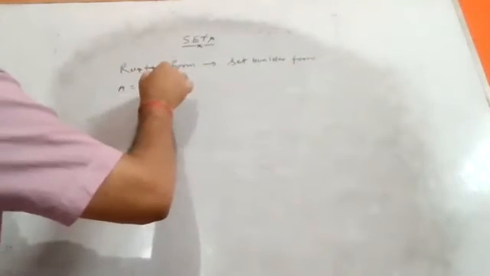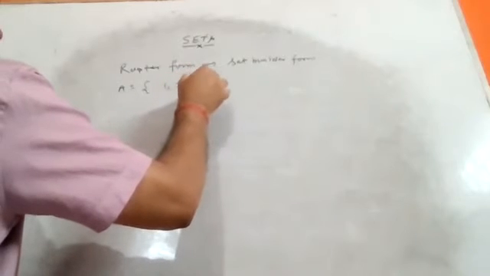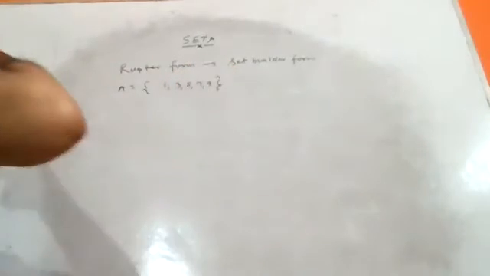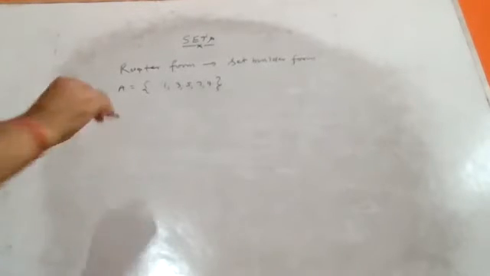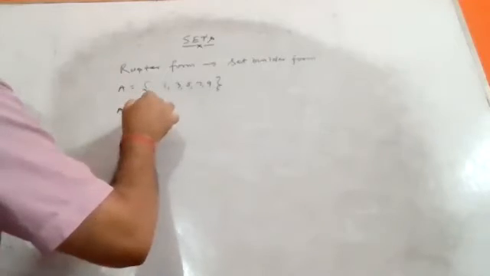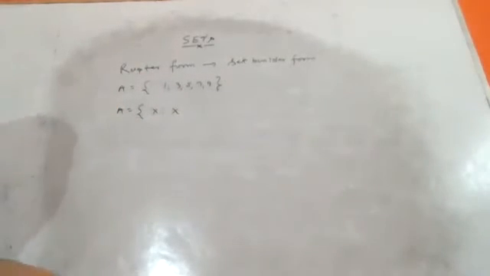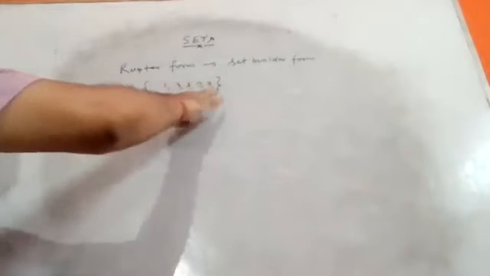A set is given: 1, 3, 5, 7, 9. They ask to convert this into set builder form. {x such that x}, let x be the element: 1, 3, 5, 7, 9.